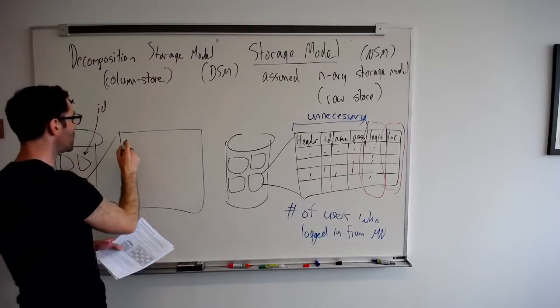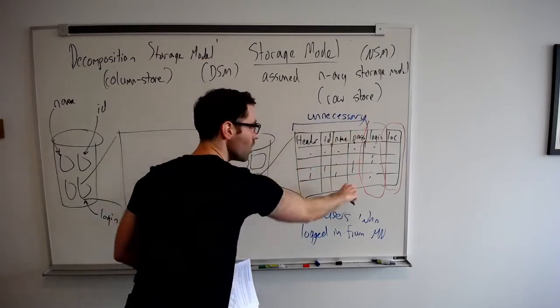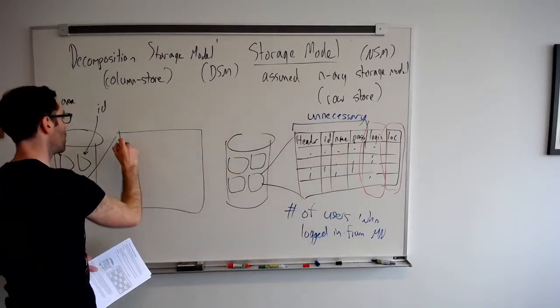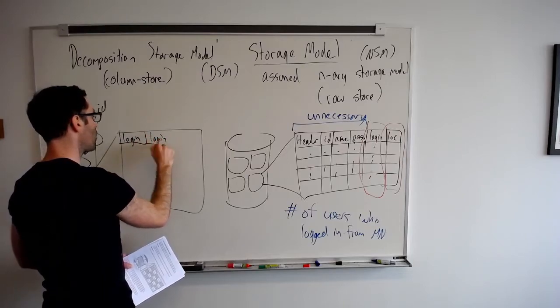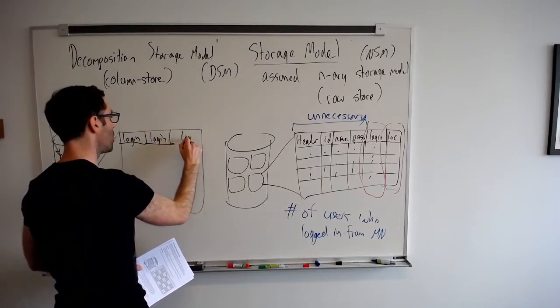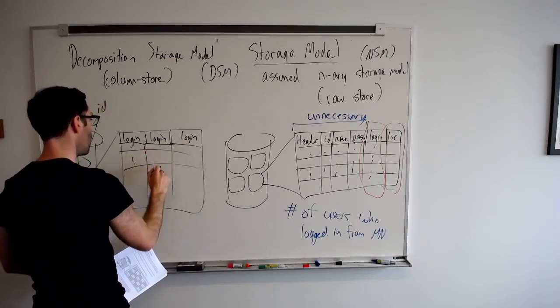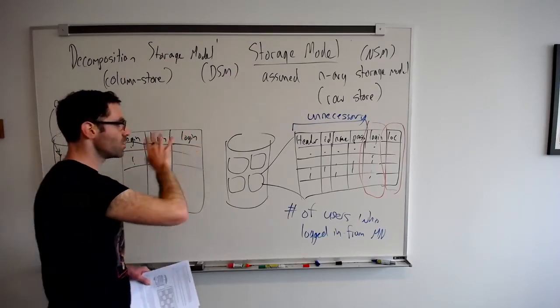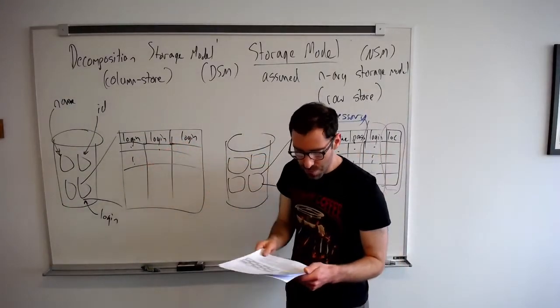Inside this page, we just have all the login timestamps, the login from some tuple, from another tuple. We have all the login values across all the tuples together in a single page.